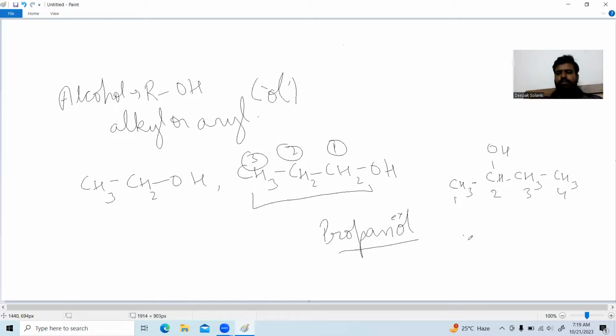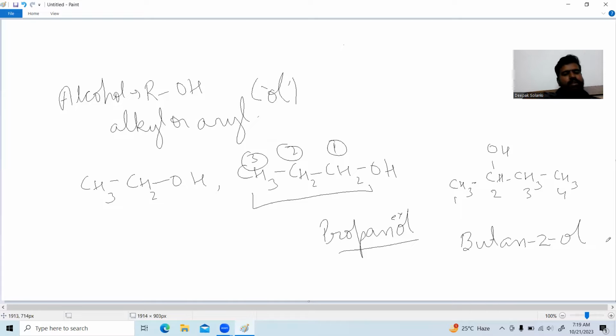Fourth is but, single bond and e. We have to skip e. And what is the position of OH? Second position. Then we have butan-2-ol.